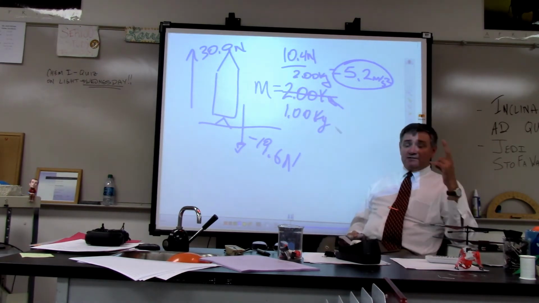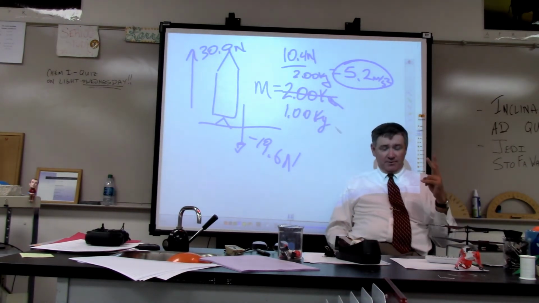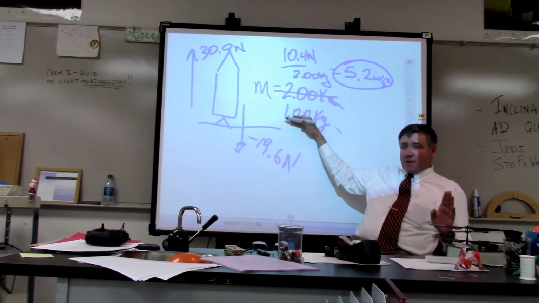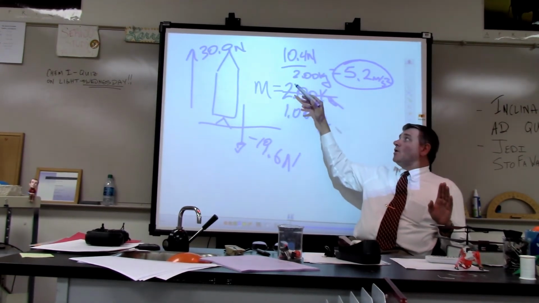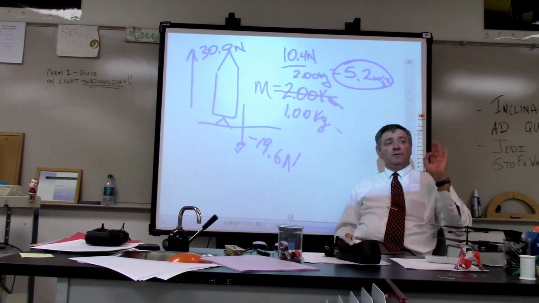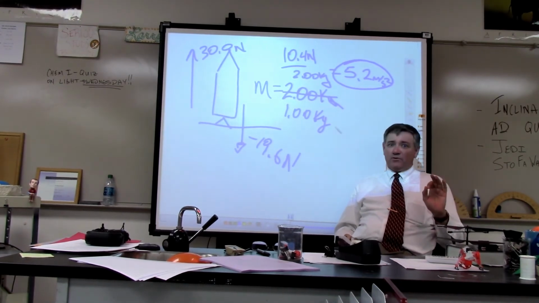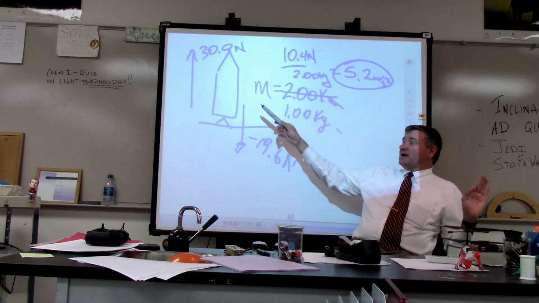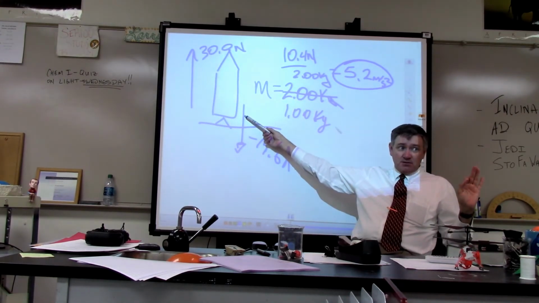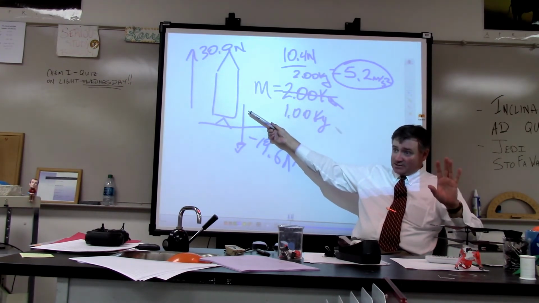Now, there's 2 things that are going to happen here. If I reduce the mass of the rocket, what's going to happen to my opposing force? It's going to become smaller. What's going to happen to my applied force? Nothing. It's going to be the same because it's the same rocket engine.